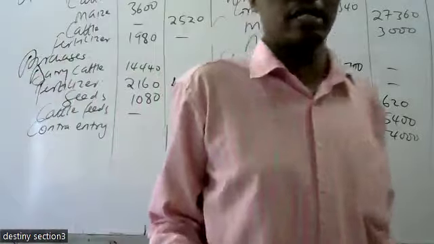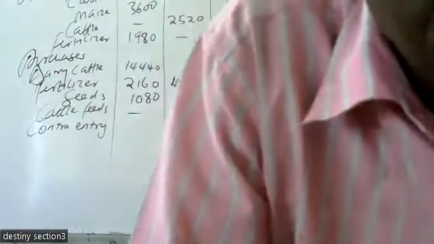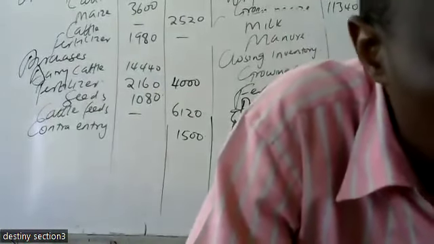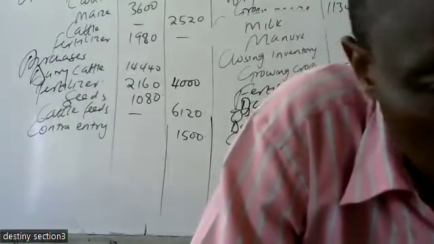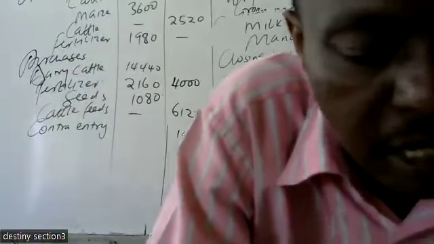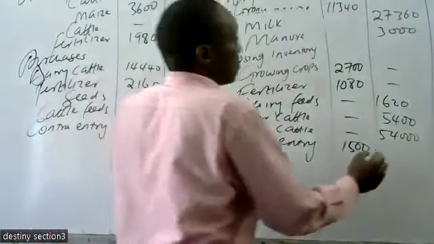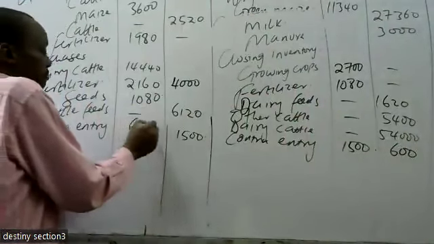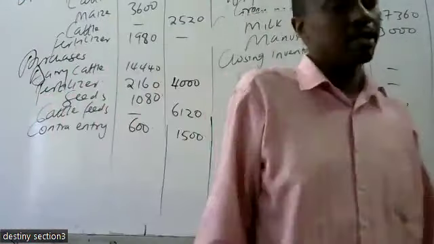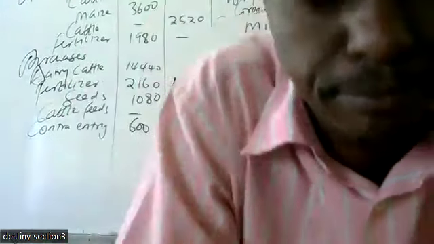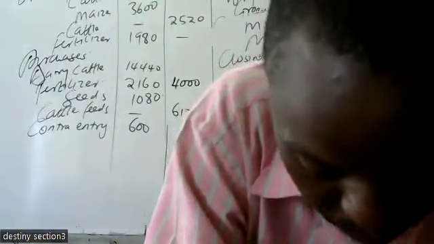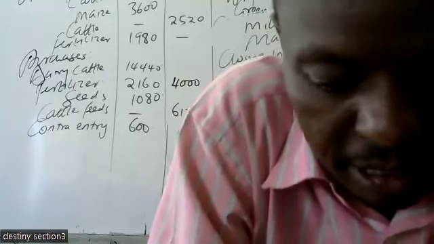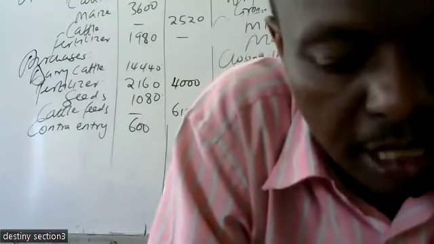There is another contra entry for manure, which will be an output from livestock, an input to crop. How much was the manure? 600. It will be an output from livestock, an input to crop. Then there is this issue of family consumption. There are two of them.